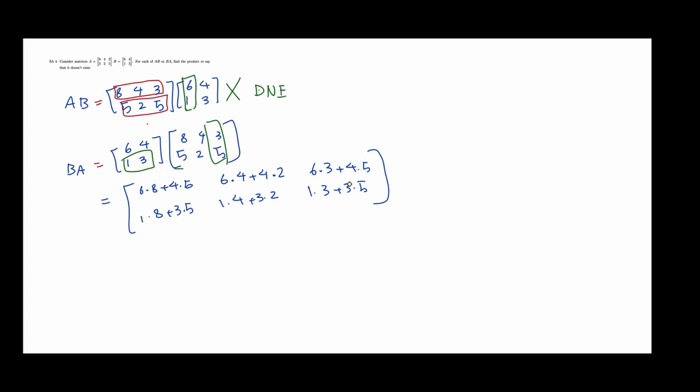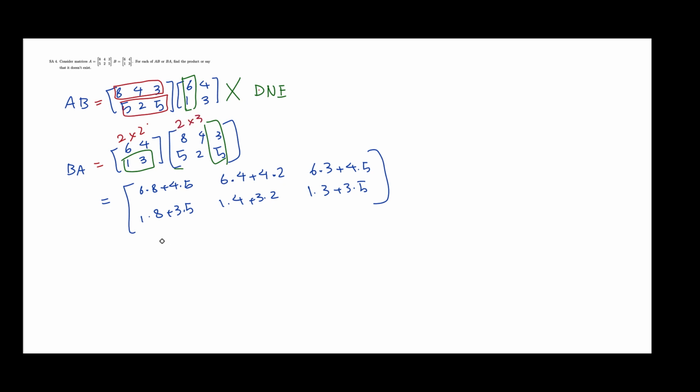Let's make sure everything actually makes sense. Here I had a 2 by 2, 2 rows, 2 columns. In here I had 2 rows times 3 columns.